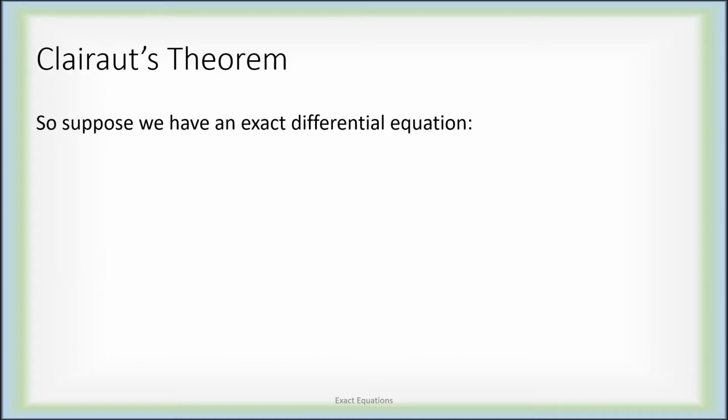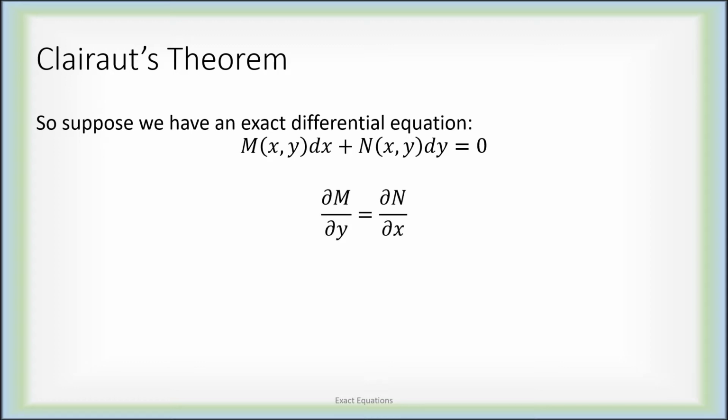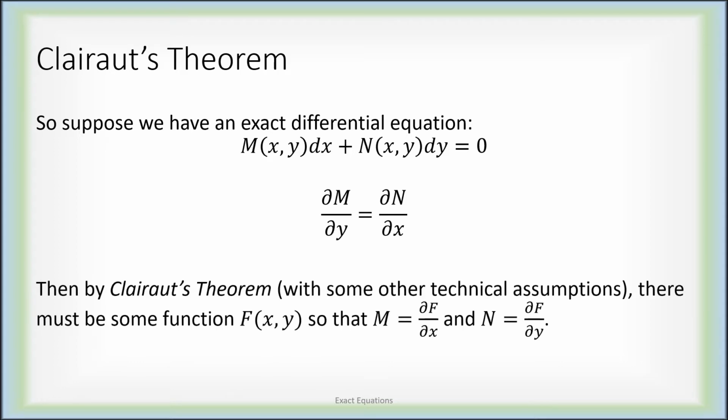Now, let's suppose we do have an exact differential equation. So here's our differential equation in the form we'll most often see it. M of x,y dx plus N of x,y dy is 0. Also, the partial derivative of M with respect to y is equal to the partial of N with respect to x. Now, by Clairaut's theorem, with some other technical assumptions that we really don't want to get into, there must be some other function, capital F, of both variables x and y, so that M is its x derivative and N is its y derivative.